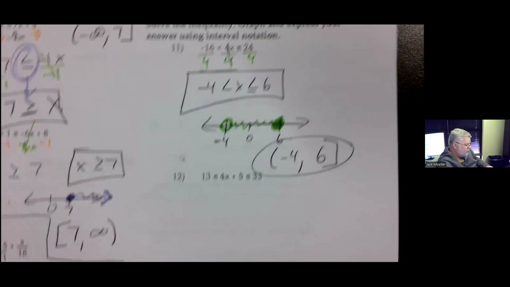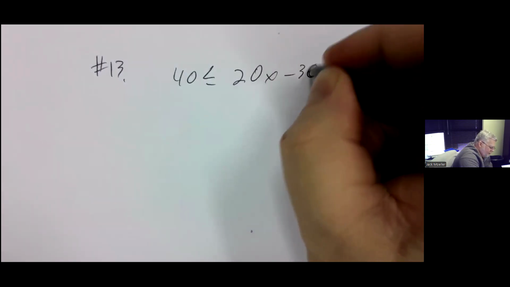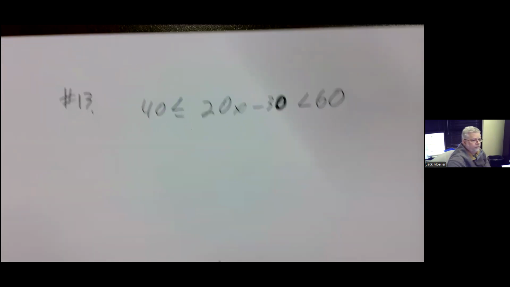Okay. So let's look at 13. Most of the time with these, we're dealing with whole number answers. So let me show you one with a fraction. So 13 is we have 40 is less than or equal to 20x minus 30, is less than 60.